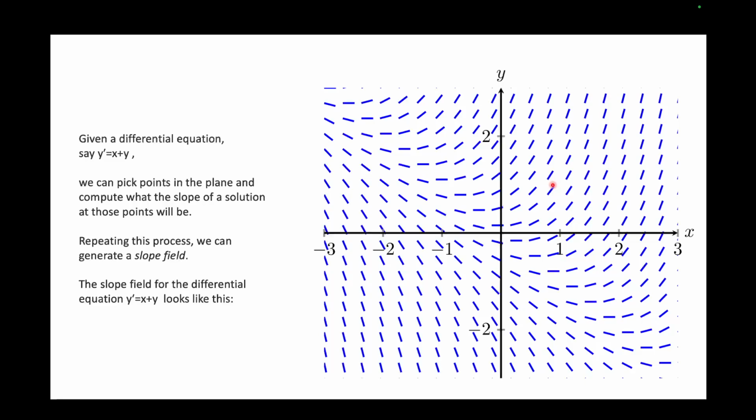If you want to find the slope of the curve at the point (1, 1), just put in x equals 1 and y equals 1 in this equation, because y dash, which is dy/dx or the slope of the tangent at a point, is already given by x plus y. So you plug in 1 plus 1 equals 2. Your slope at x equals 1 and y equals 1 will be 2.